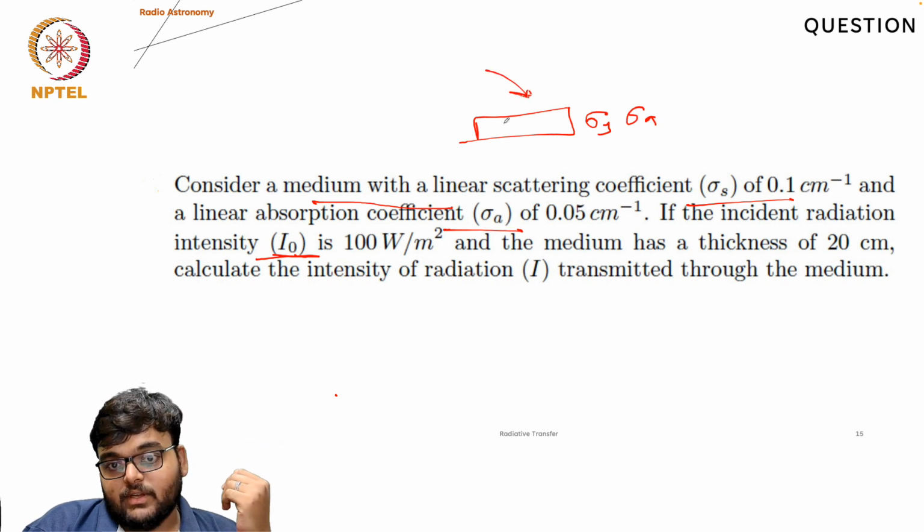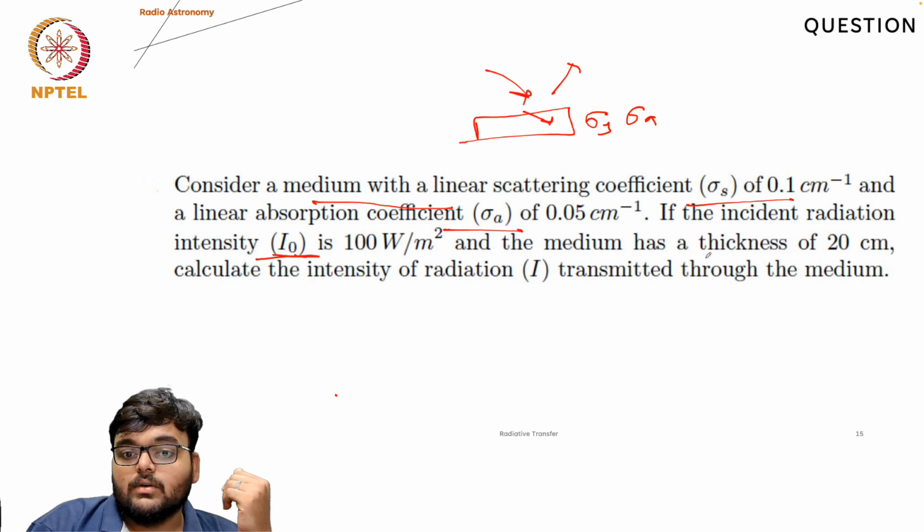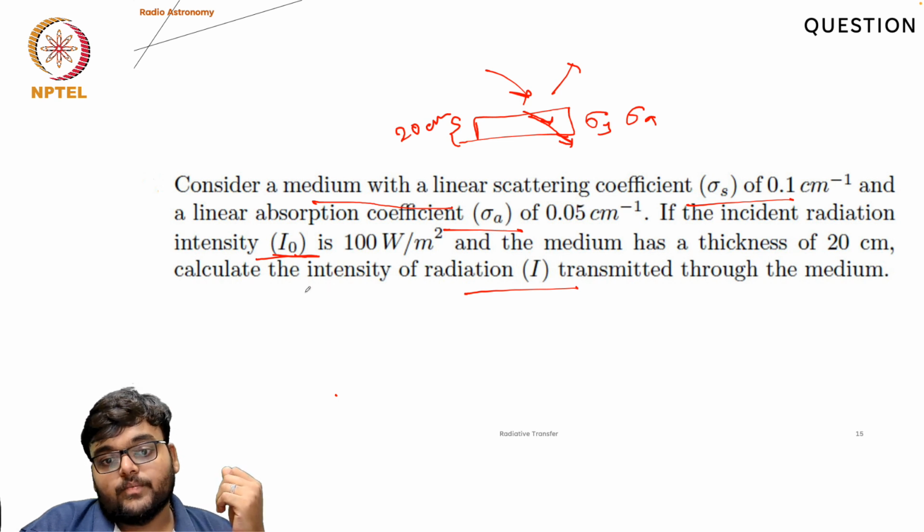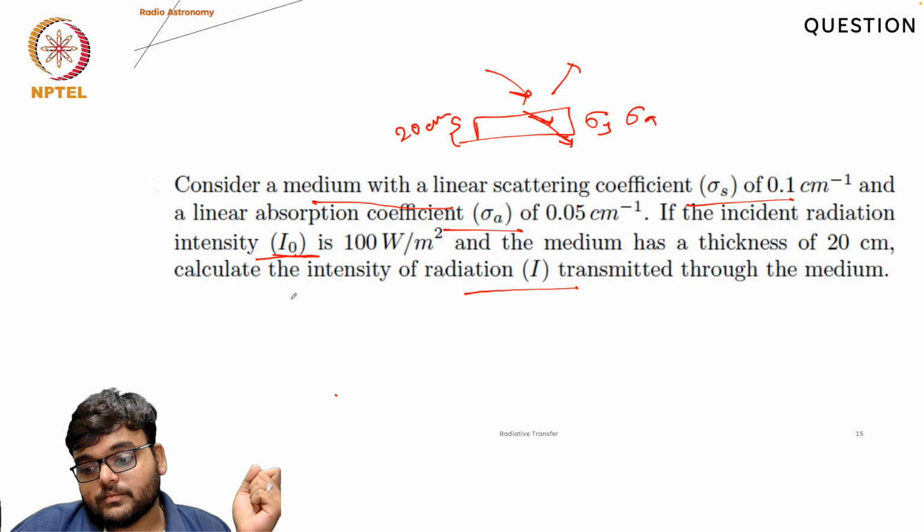Now there is a wave coming, some of it will scatter and some of it will be absorbed, and the thickness given here is 20 centimeter. What you have to calculate is the radiation transmitted through the medium, meaning the radiation which is entering and transmitting through it.